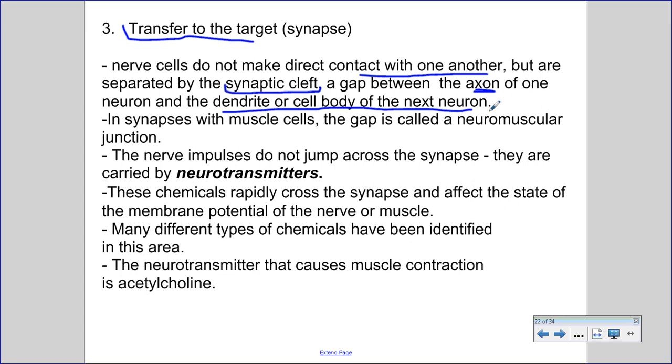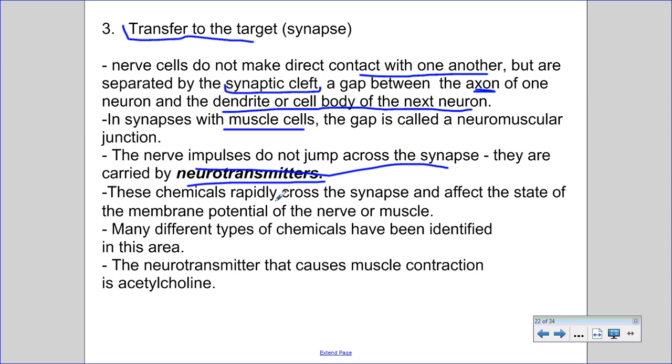They're very close together, but there is a gap between them. In synapses where there's a muscle cell, that gap is called a neuromuscular junction. As I stated in the previous slide, the nerve impulses that we will consider do not jump across the synapse, but are carried by neurotransmitter.